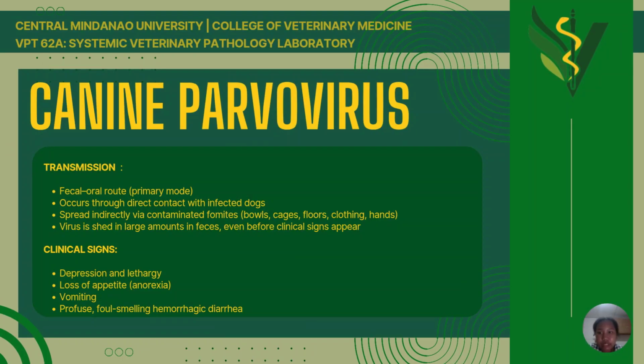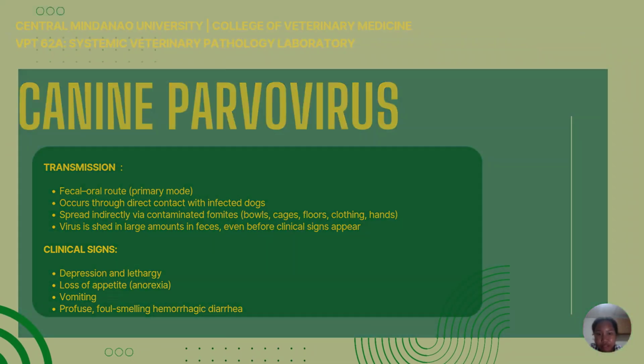The hallmark sign is profuse, foul-smelling hemorrhagic diarrhea, which results from villous atrophy, crypt necrosis, and mucosal barrier breakdown, which leads to fluid loss, electrolyte imbalance, and secondary bacterial invasion. This increases the risk of septicemia. Together, these signs explain the rapid deterioration and high mortality rate in untreated cases of canine parvovirus.